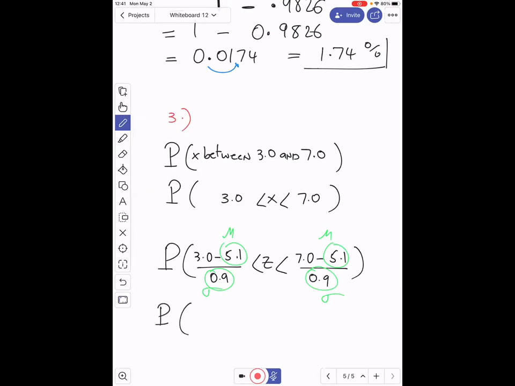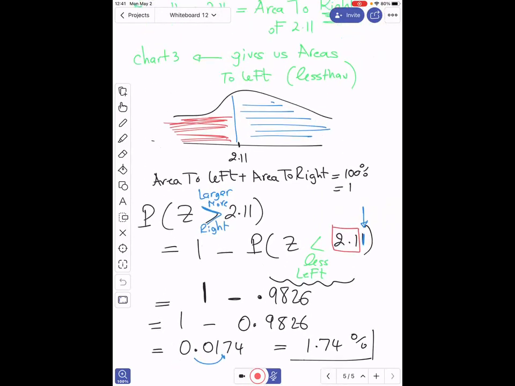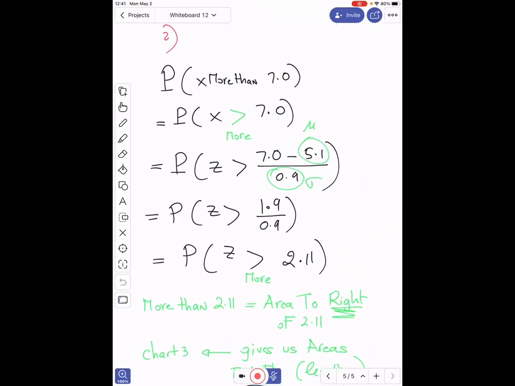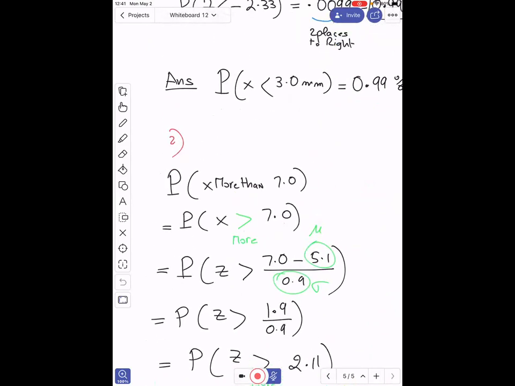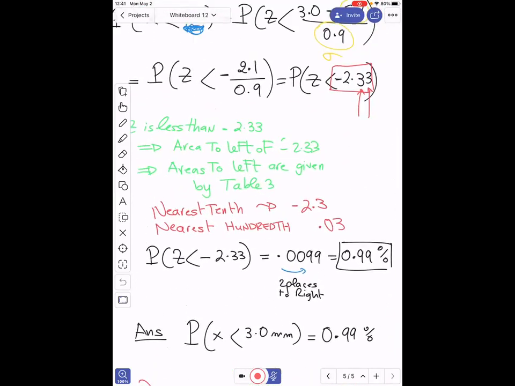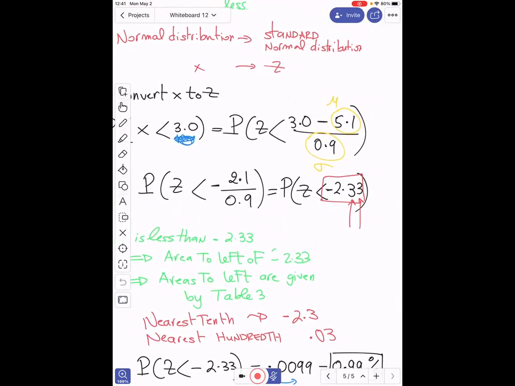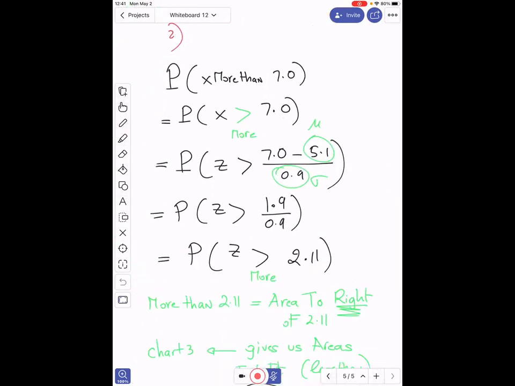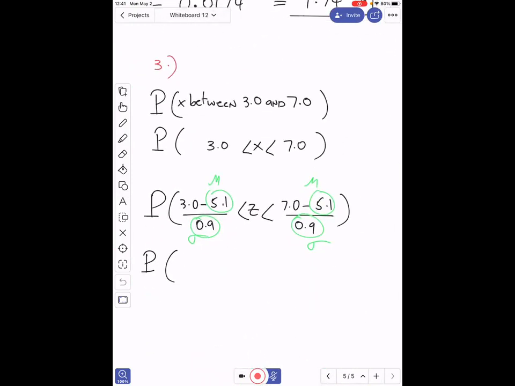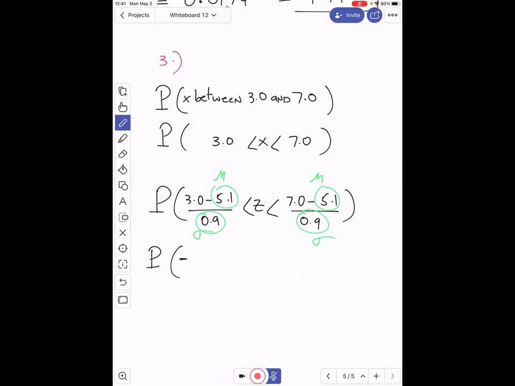So this 3.0 minus 5.1 over 0.9, that's exactly what we computed in one, right? Where is it? Right here. 3.0 minus 5.1 over 0.9. We said that's negative 2.33. So first, you do the top, right? 3 minus 5.1, that's negative 2.1.